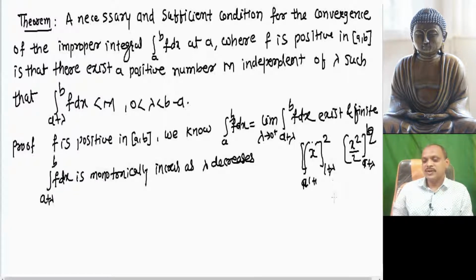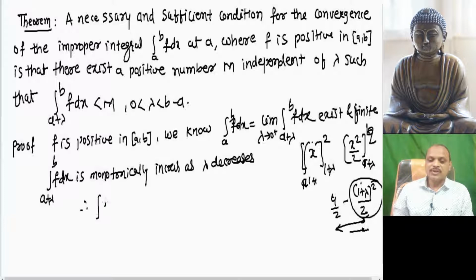This is 2 squared, that is 4 divided by 2, minus (1 plus lambda) whole squared divided by 2. As lambda decreases, this subtracted value decreases, and obviously the difference increases. So the integral is monotonically increasing as lambda decreases.